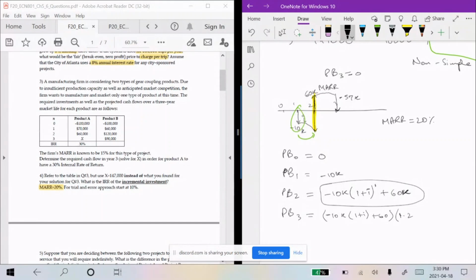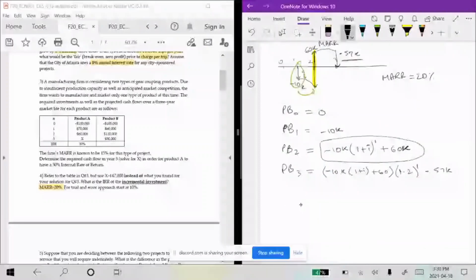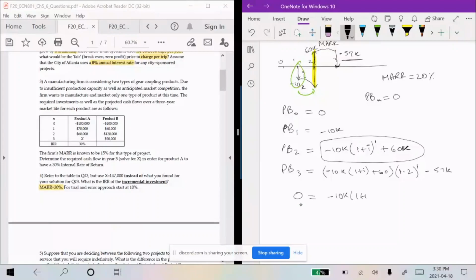So 1.2 raised to the power 1 because we're just taking it forward by 1 period. Next, there's this 57K in the third period. Minus 57K. That's pretty much it. So we know for the project balance method, the final project balance in the final period has to be 0. So PB3 has to be 0, equals minus 10K, 1 plus I, plus 60, into 1.2, minus 57.